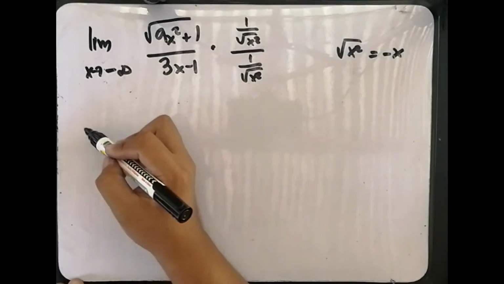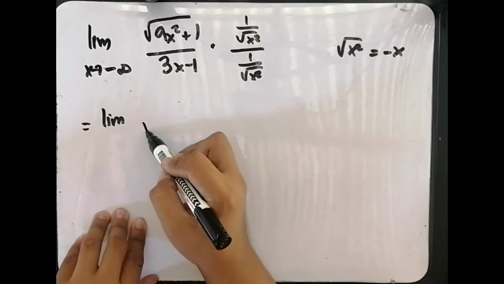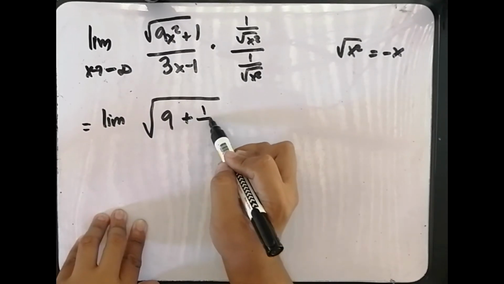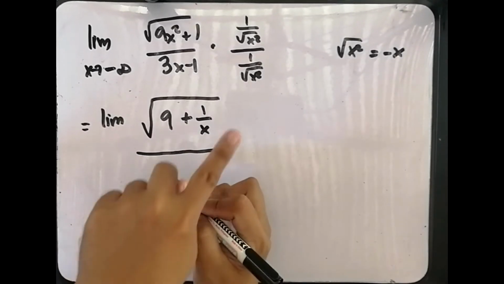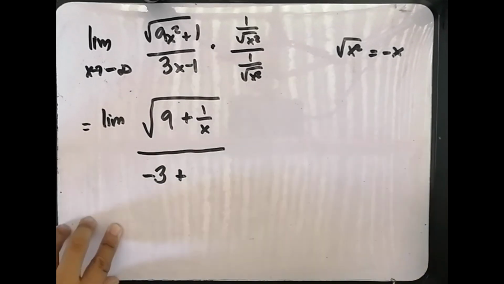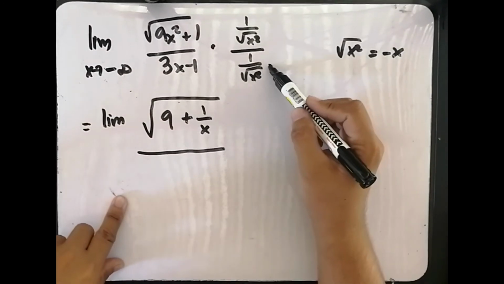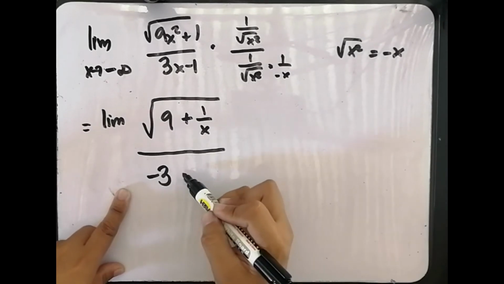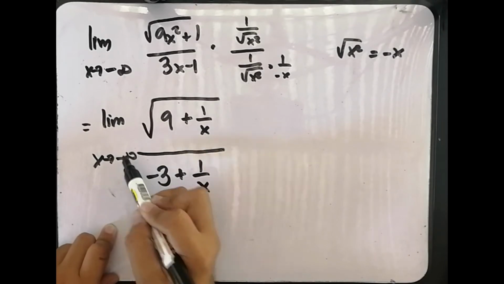So, we now have the limit of square root of 9 plus 1 over x squared, divided by negative x, so negative 3 plus 1 over x, as x approaches negative infinity.